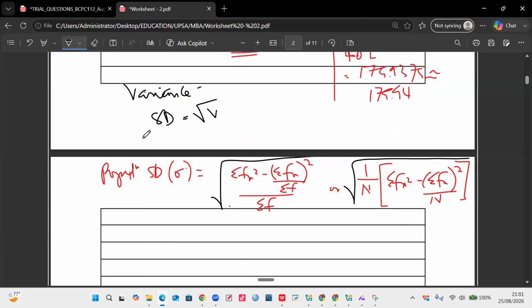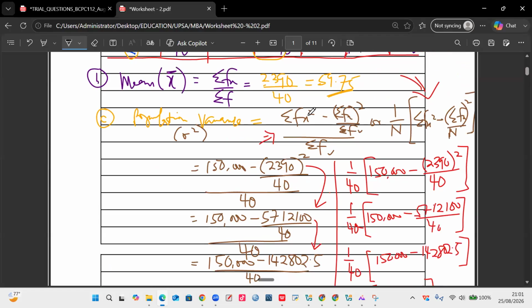And the variance is the square of the standard deviation. So just know for one that the standard deviation is the square root of the variance. So if this is the variance formula, when I put it in a square root, it is no more variance. Now it becomes standard deviation. If I remove the square root, then it becomes a variance. Do you get it? Yes, please. That's the difference.